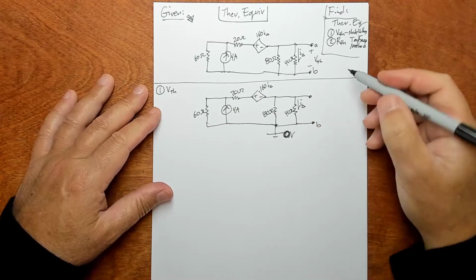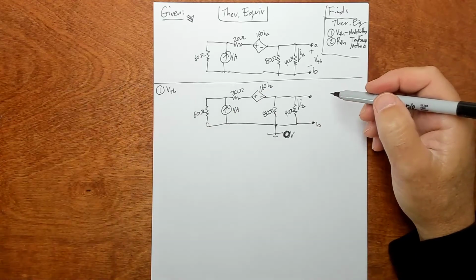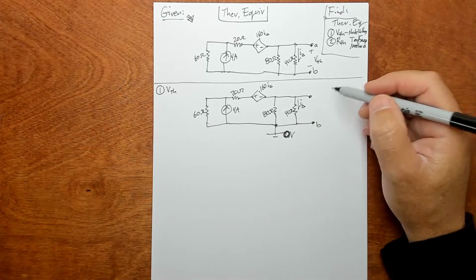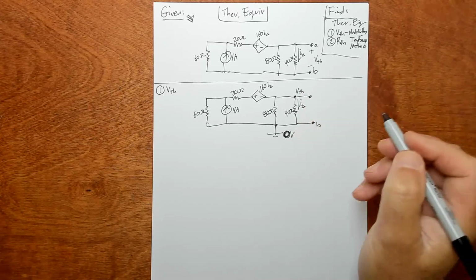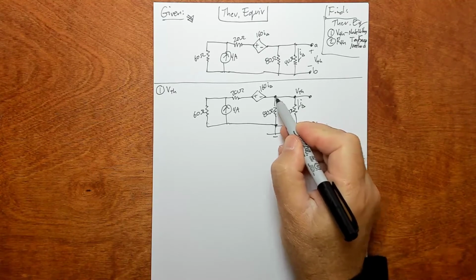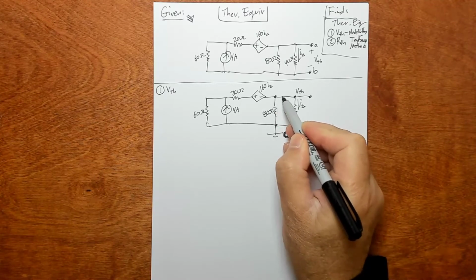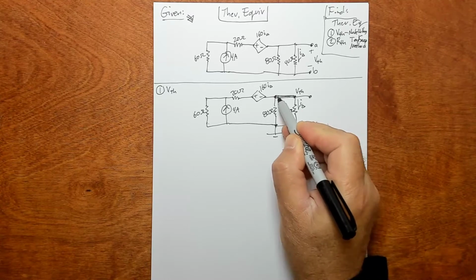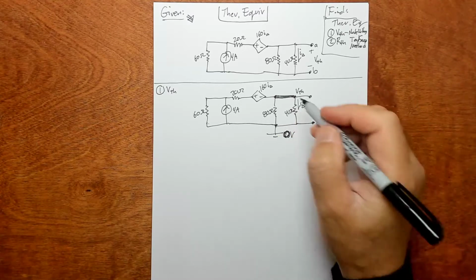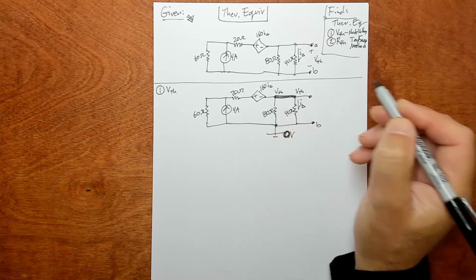Okay, what do we got? We're trying to find V Thevenin, which is up here. So we'll label this node V Thevenin. And this is also V Thevenin at this point. It's the same node because there's no device in here. So I like to draw these kind of fat nodes going on like that. And I'll go ahead and label this terminal for convenience.